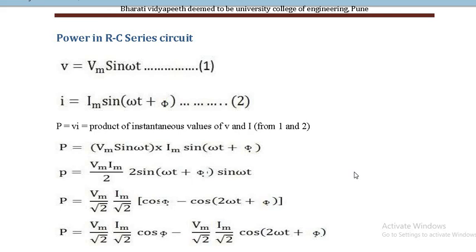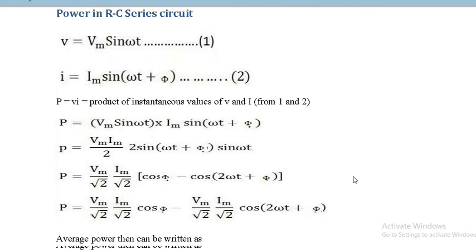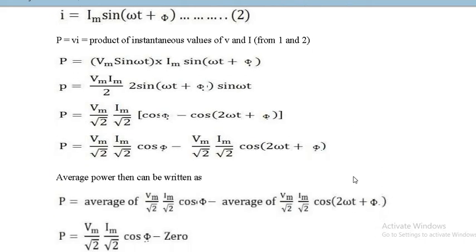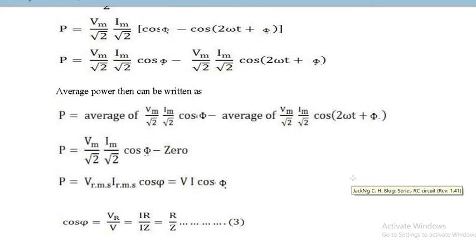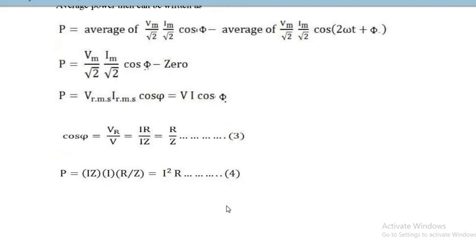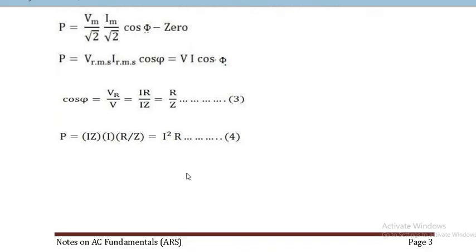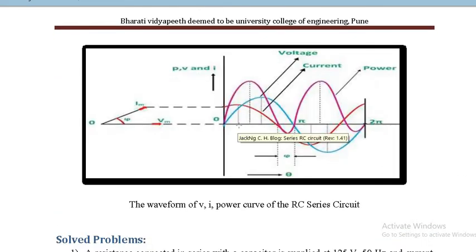With the same mathematical treatment, you will get the power as the product of RMS values of voltage and current multiplied by cos phi. It can also be said as I square R.